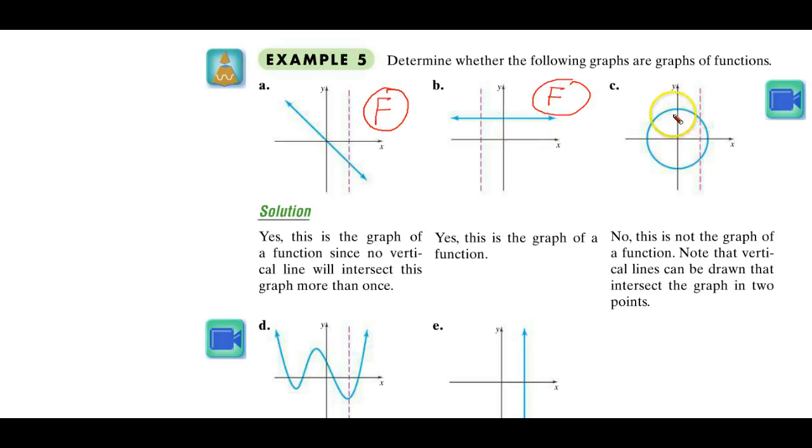How about a circle or an ellipse or something? No. Intersects there and there. Now how about this wavy line? Yes. How about this vertical line? Does it pass the vertical line test? No.